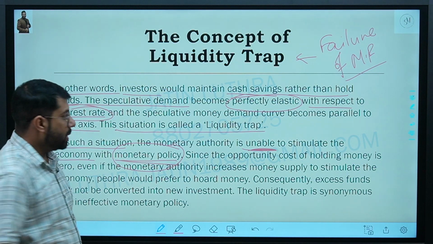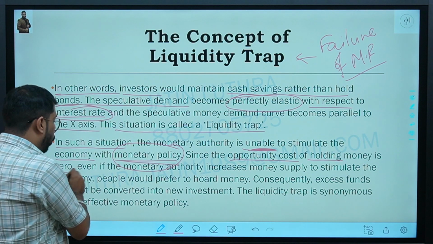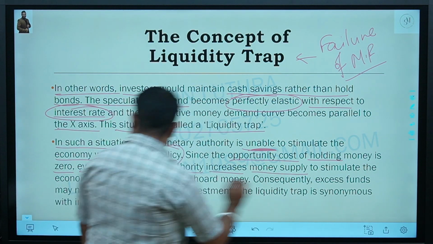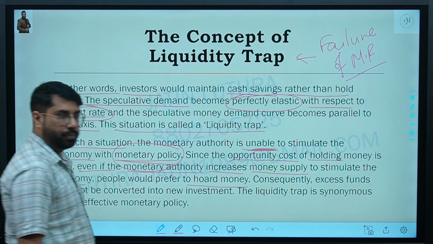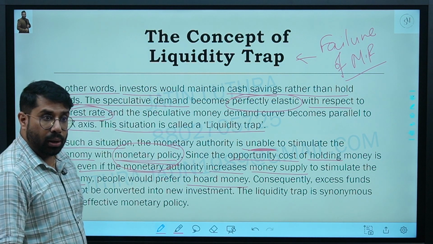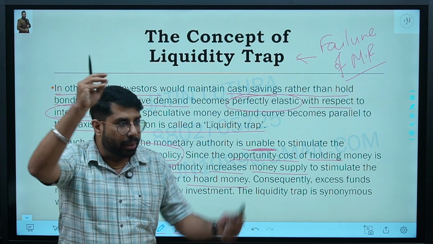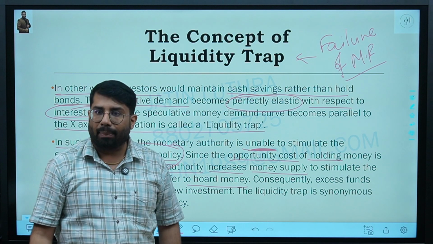Now what to do? Since the opportunity cost of holding money is zero, even if the monetary authority increases money supply to stimulate the economy, people would prefer to hold money. It means the rate of interest is zero now. If the government tries to push money from its own pocket into the market, what will happen?